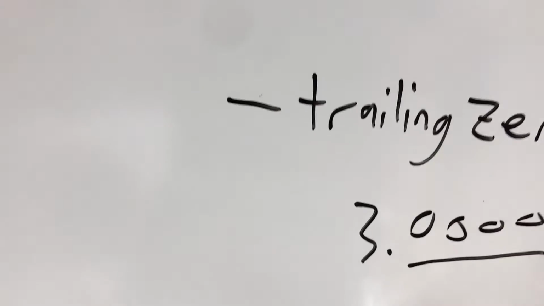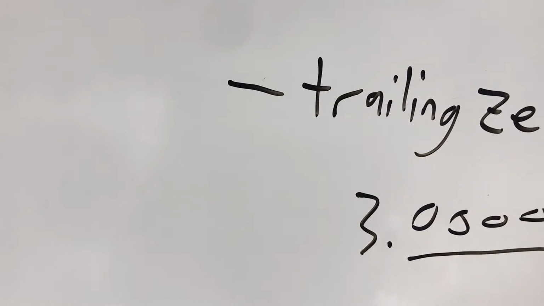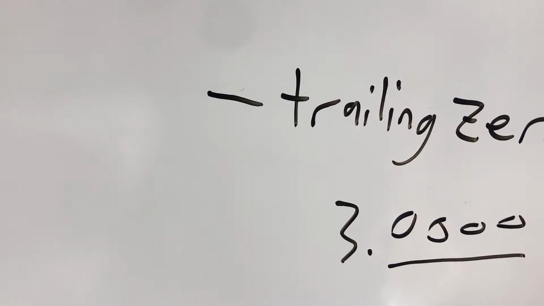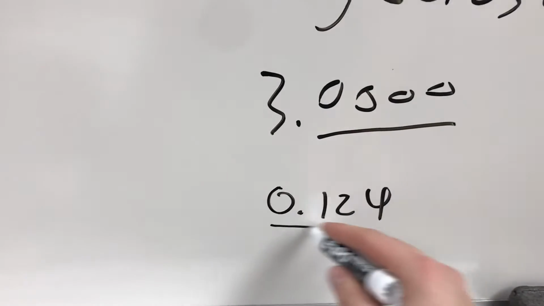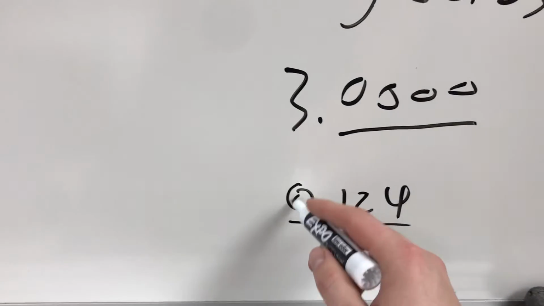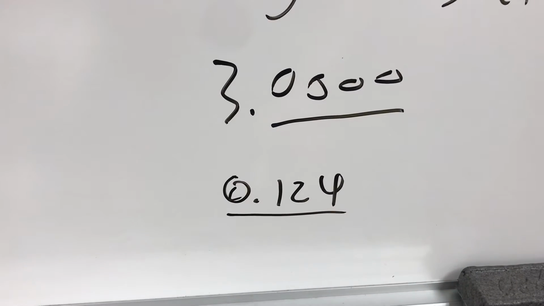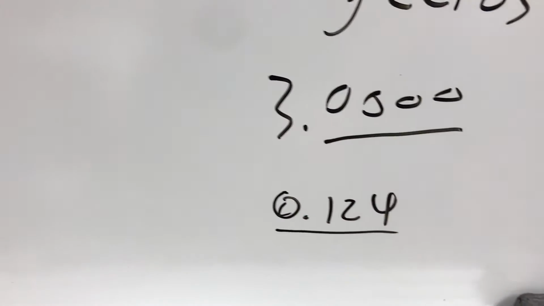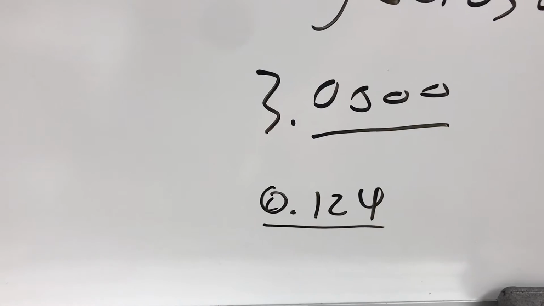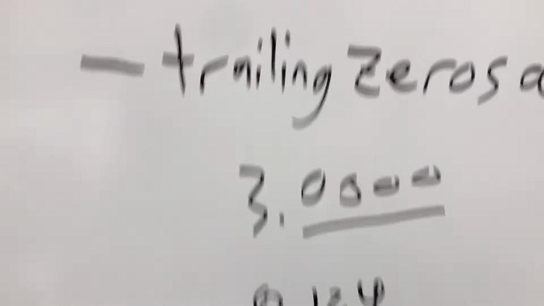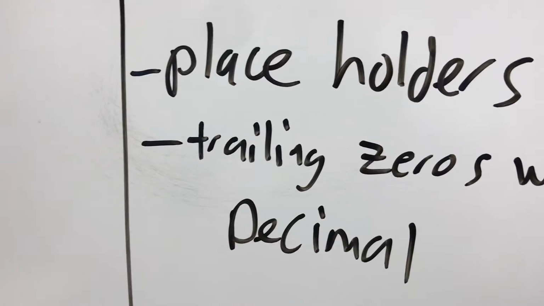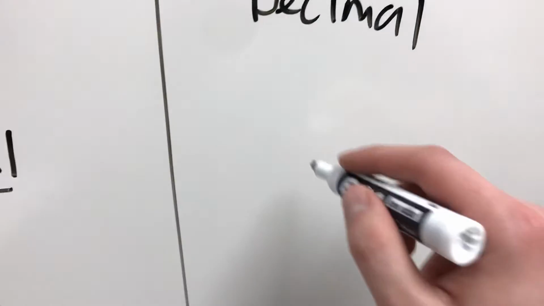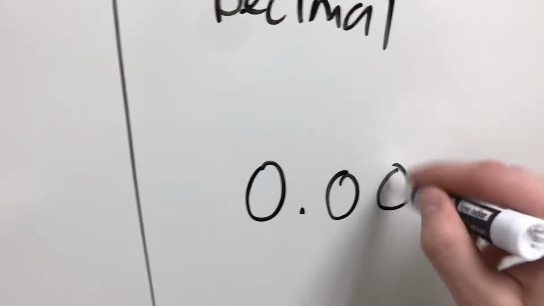If I have 0.124, then these are all sig figs. That holds a place. Well, not sure why that's a sig fig actually. Anyhow, things that aren't sig figs are if it's just a placeholder, so 0.0001.